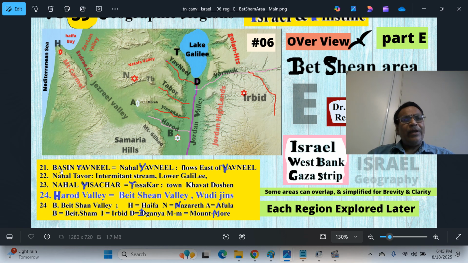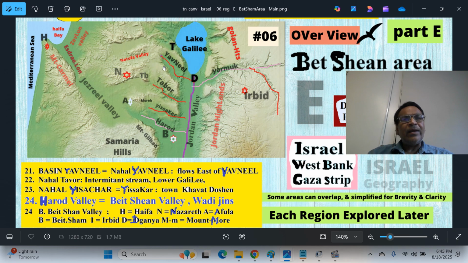The term Nahal or Wadi means an intermittent, seasonal, small stream that carries less water compared to a normal river. So here we have the basin of Yavniel, Nahal Yavniel, and I have shown the Yavniel basin around the Yavniel Wadi.